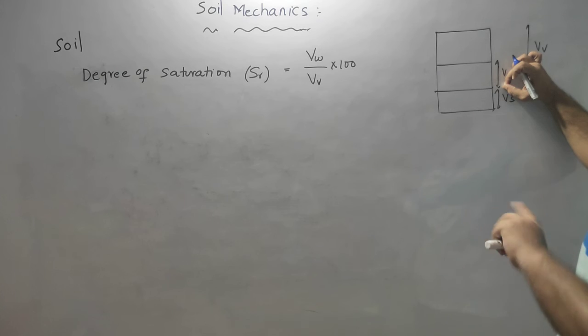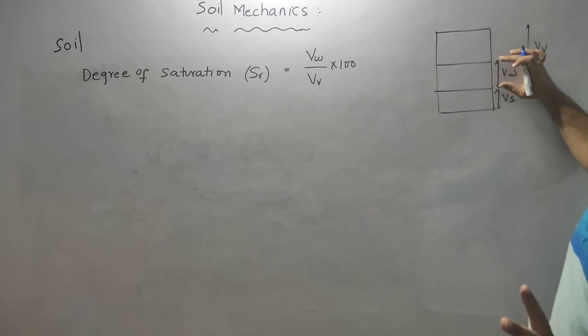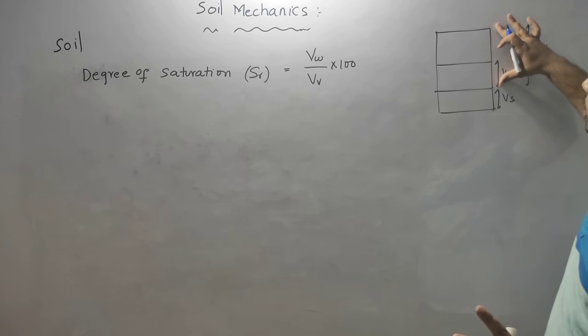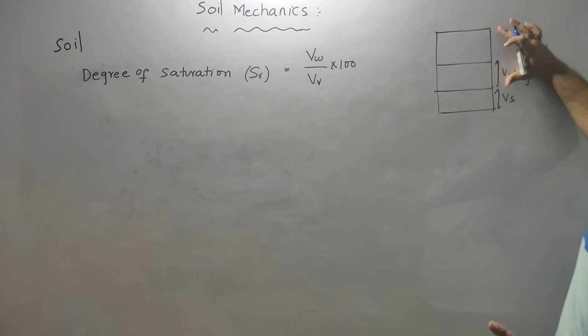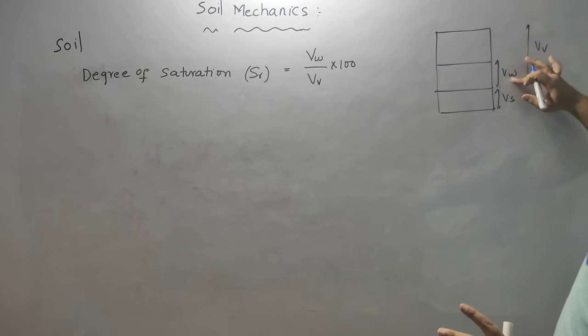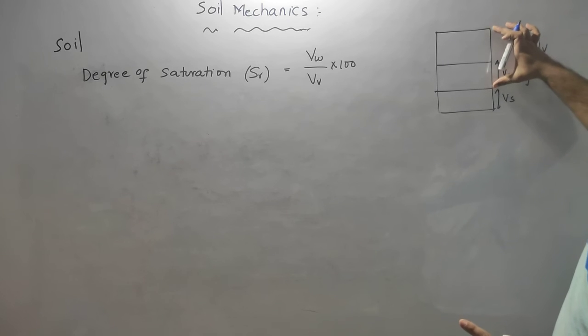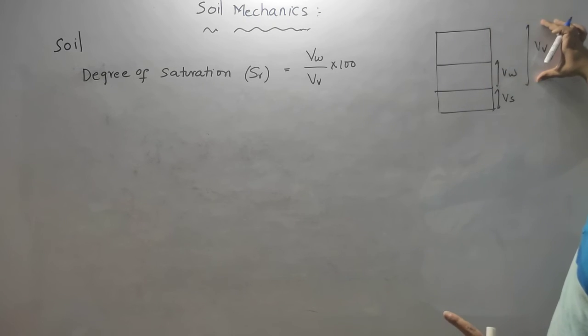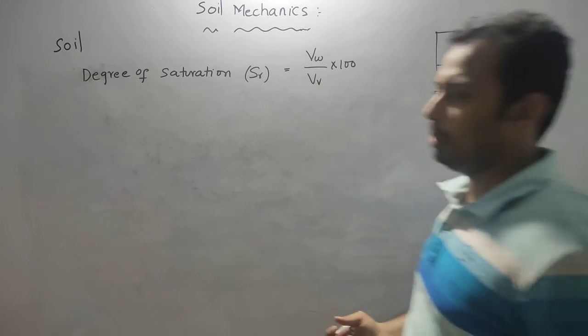That means Sr becomes 0. For saturated soils, this Vw will completely occupy all the voids. In that case, saturation will be 1, because Vw is equal to Vv, when it is completely occupied. That means it should be 1 or 100%.